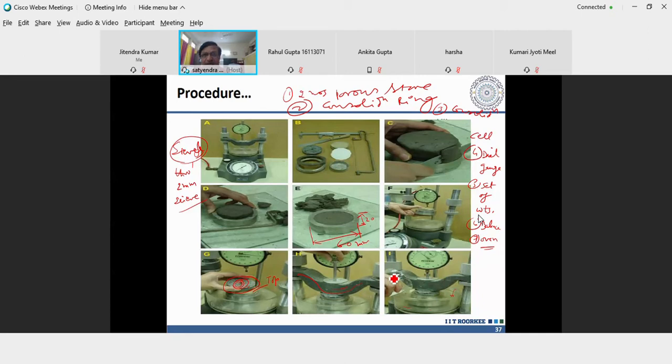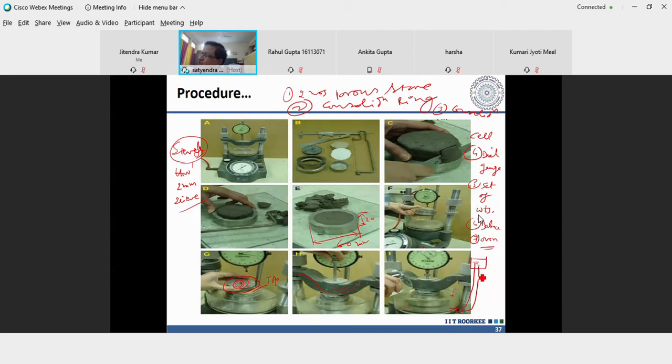At the same time, the setup is designed in such a manner that at the bottom there is a valve, and this valve is attached through a rubber tube with a small water jug, you can say, or water tumbler, which is filled with water.